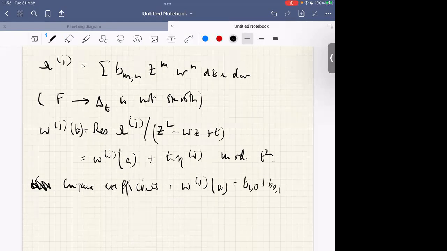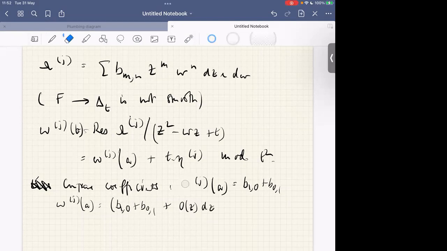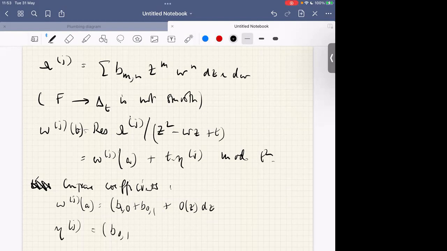Let me write it down here. Whereas the derivative is then B01 z to the minus 2 plus O of 1 dz. So it's of the second kind.